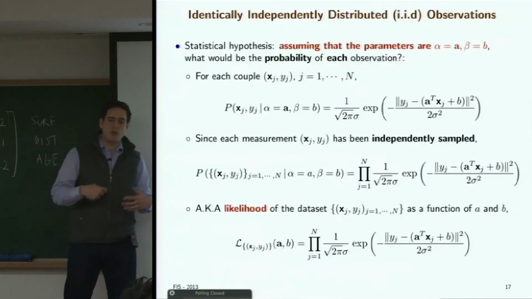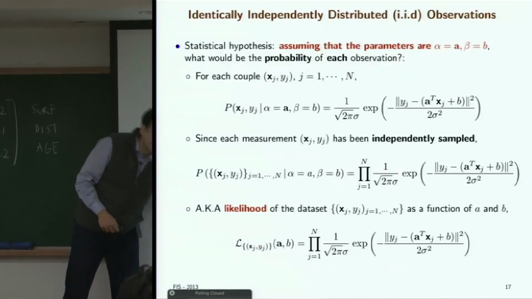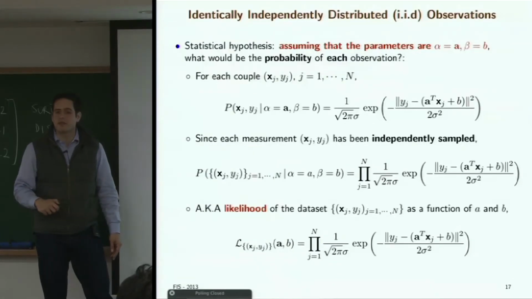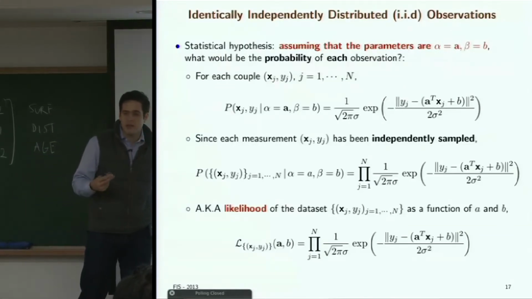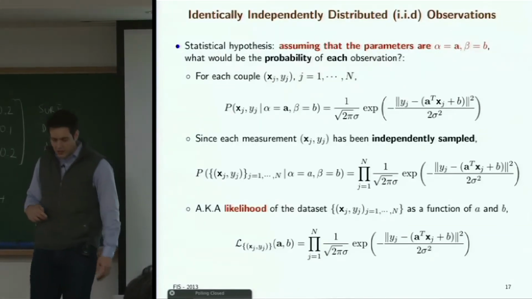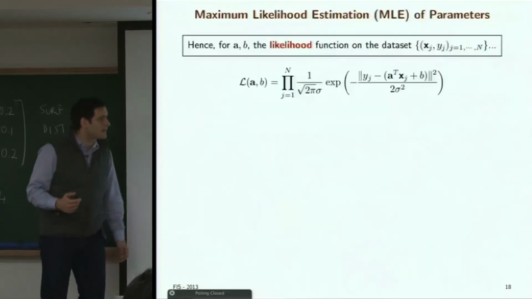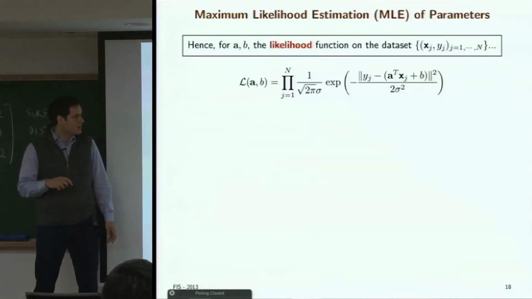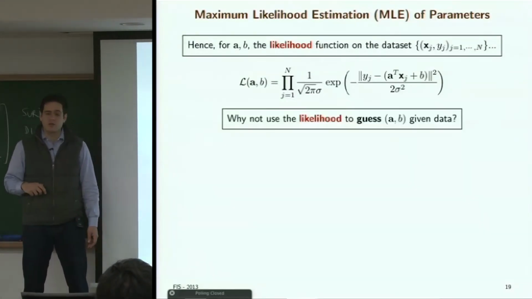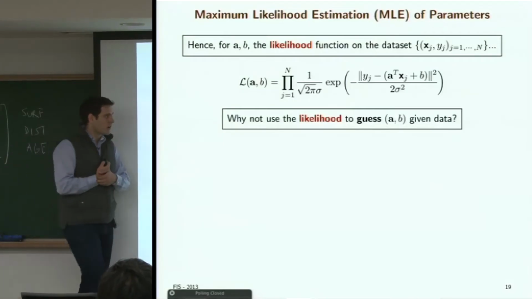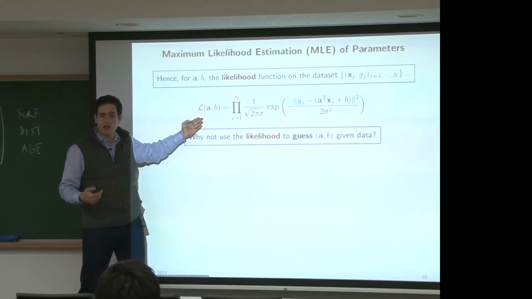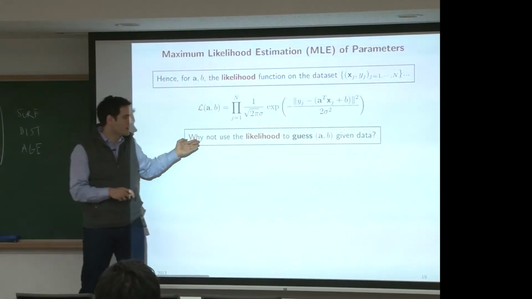It's the probability that this data set had been drawn if the actual values were A and B. So you see A and B as parameters here, and the maximum likelihood approach is simply the idea of taking the parameters A and B which maximize this quantity. So the maximum likelihood approach is basically to use this criterion, the likelihood, as the way to select A and B.